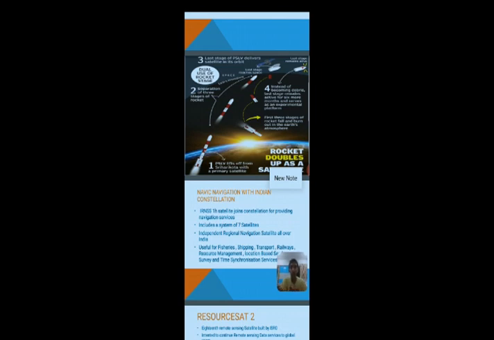So within the time, the first rocket reaches space. After that, the satellite reaching space is the last stage of the polar satellite launching vehicle system in its orbit.